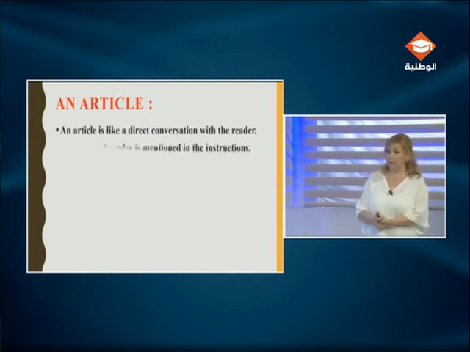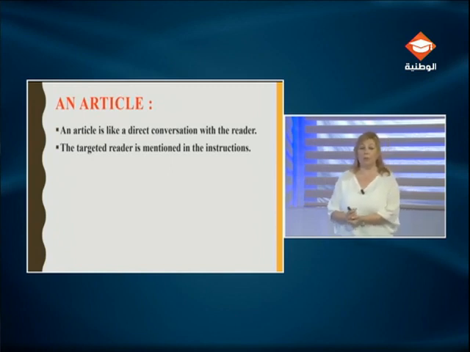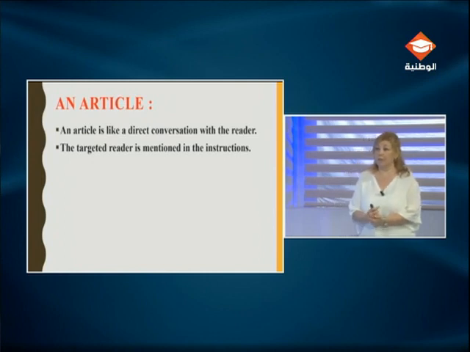Therefore, the targeted reader is mentioned in the instructions. It means that in the instructions, they tell you who you are supposed to be writing to. You are writing to, for example, the editor of a magazine. You are writing to a columnist. So this is what we mean by the targeted reader is mentioned in the instructions.